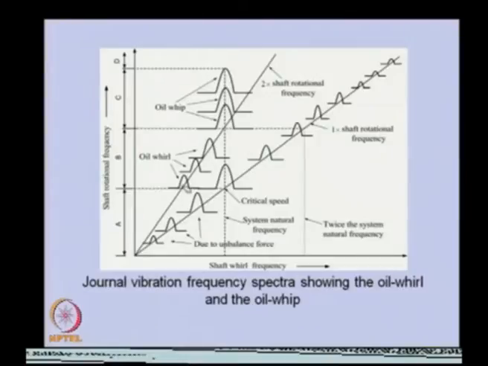If we increase the speed further, at half of this particular speed, the whirl frequency has these amplitudes. As we see on the 1x line, the amplitude we expect will be decreasing gradually if we increase the speed, because the critical speed is here.